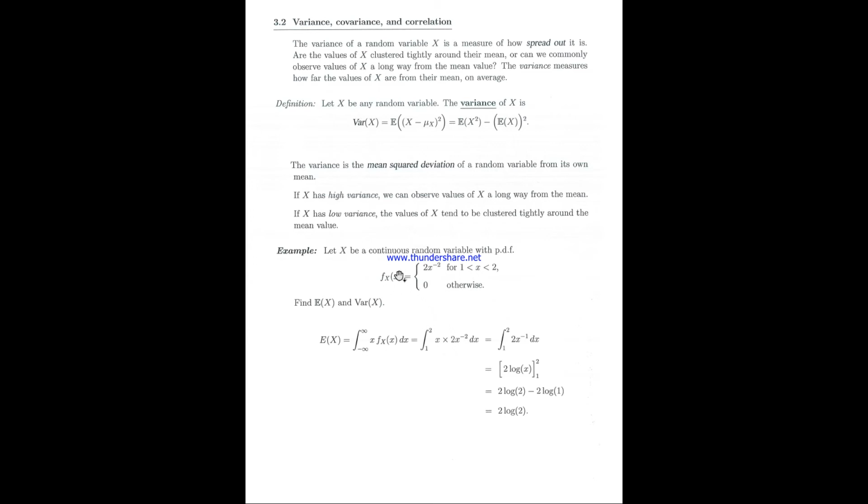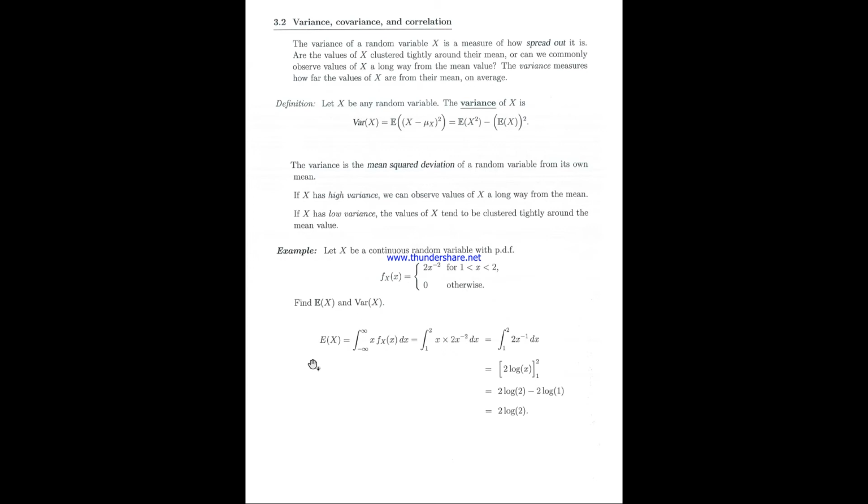Let's say you have a continuous random variable capital X, and I have given you the probability density function here. The probability density function of random variable X is equal to 2 times x to the power minus 2 when x is between 1 and 2, otherwise it's equal to 0.